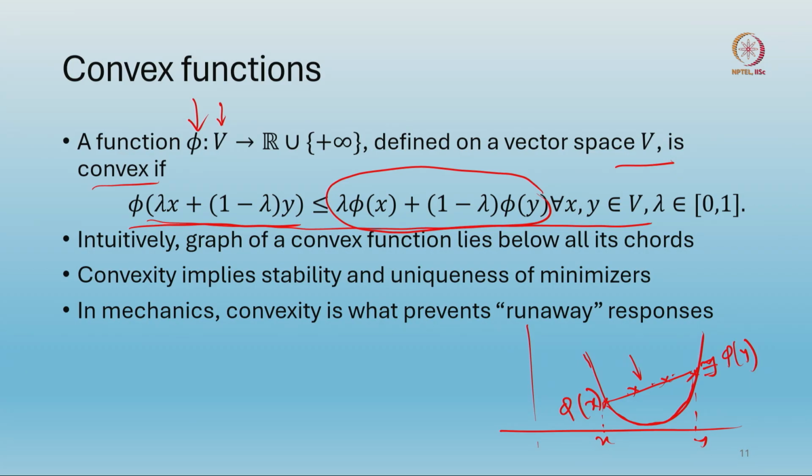Convexity is of great use for us because it implies stability. Convex functions will have a well defined minimum. If I do a variational principle based on the minimization of a convex function, then I should get a clear cut minimum or an infimum.